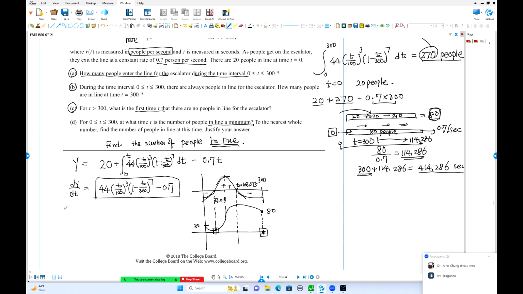At time t equals 33.013, how many people are there? We're going to check it out. We need the calculator.